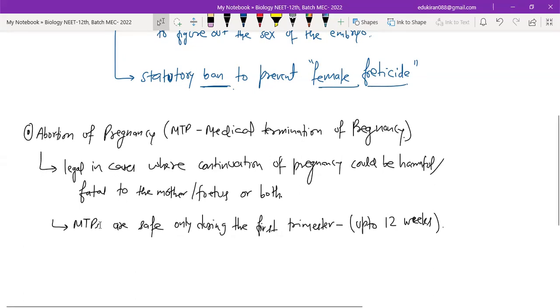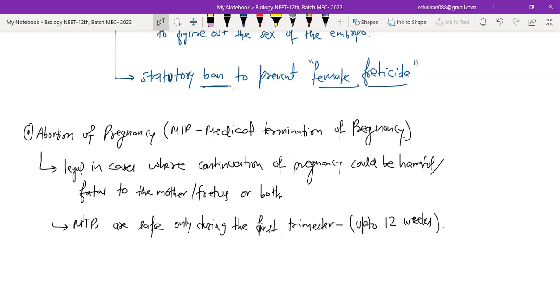In chemical termination of pregnancy, you give the female chemicals which cause the endometrium to break down and come out. It's easy because the fetus is not significant in size. It is still small, a mass of cells. If you can figure out some problem at that time, it's easier to abort it, correct? That also might have some complications, but they will not be long lasting or fatal to the mother. But after 12 weeks, it can be detrimental to the mother.